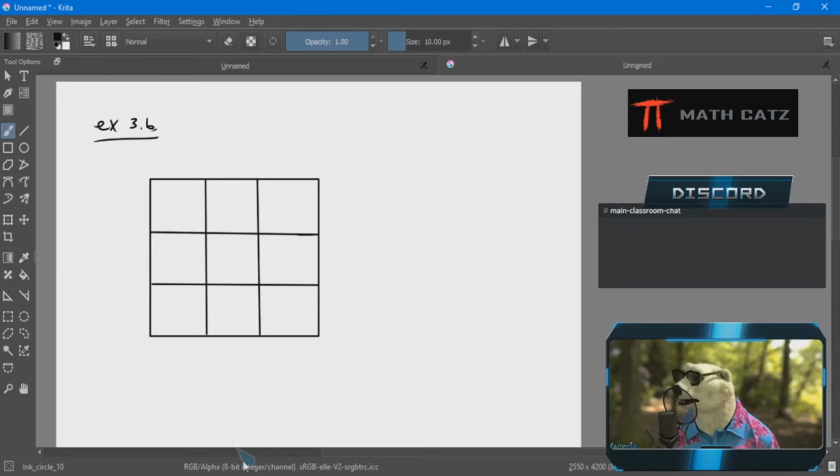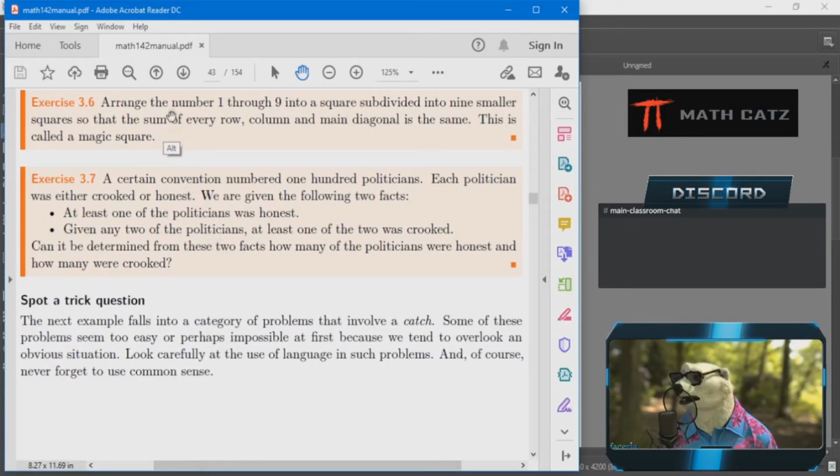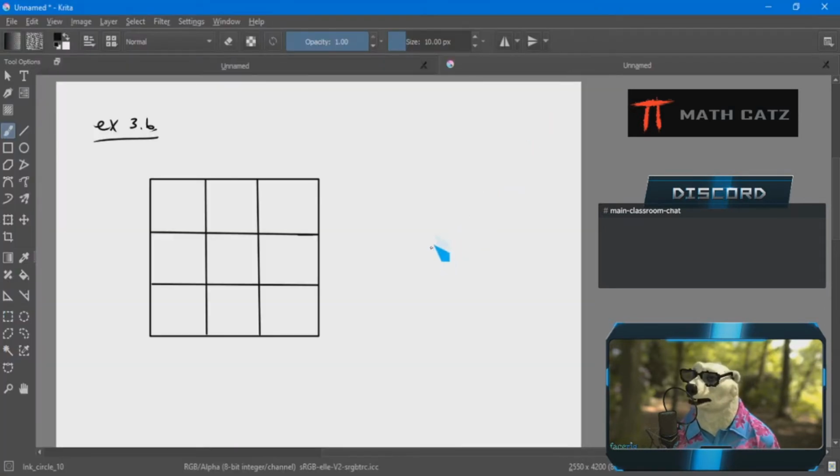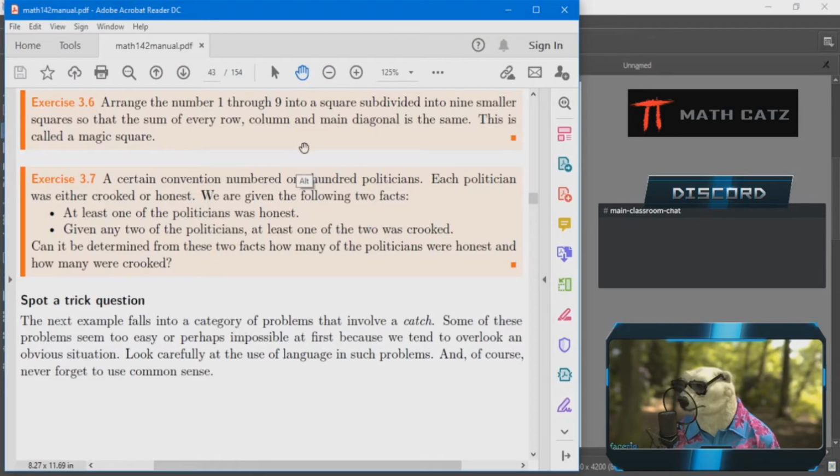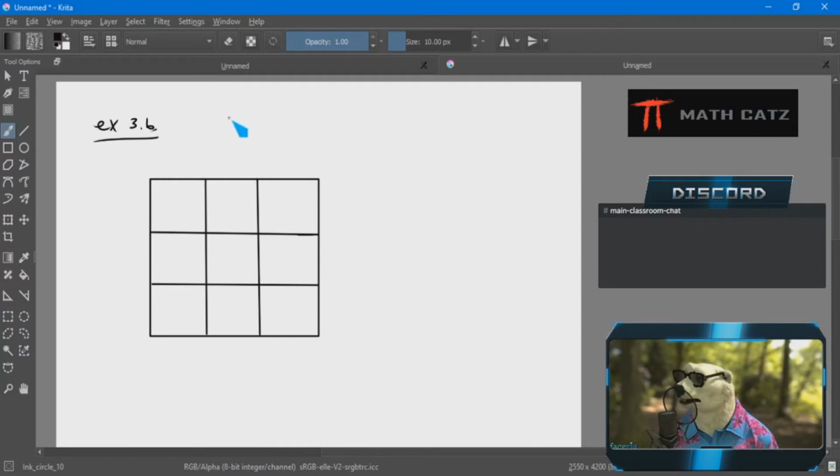Well, the big clue is that every row, every column, every diagonal has to add up to the same thing. With experience, the obvious question immediately becomes, what is that answer that they add up to? That's apparently the same for every one of them. So instead of answering the question, where are the numbers? I'm going to ask another question first.